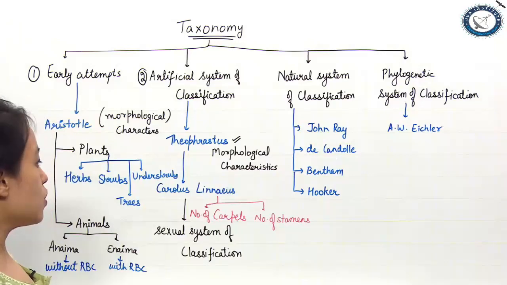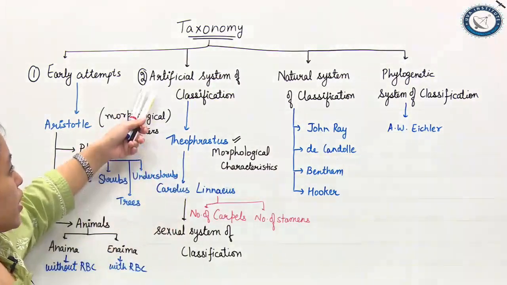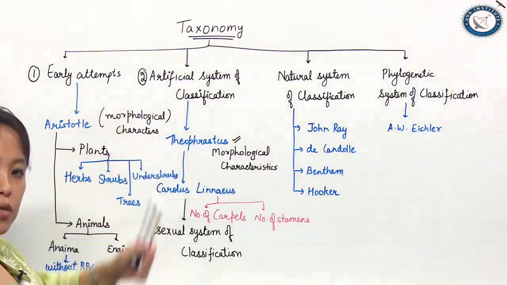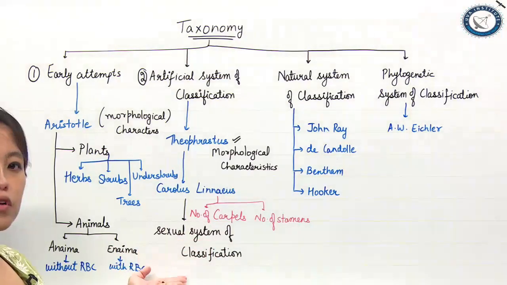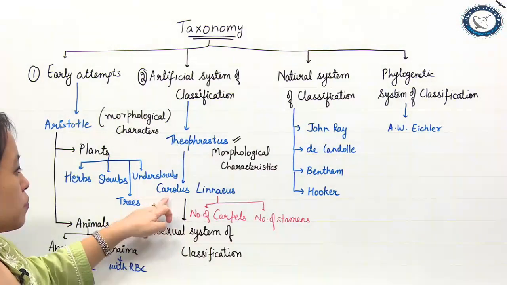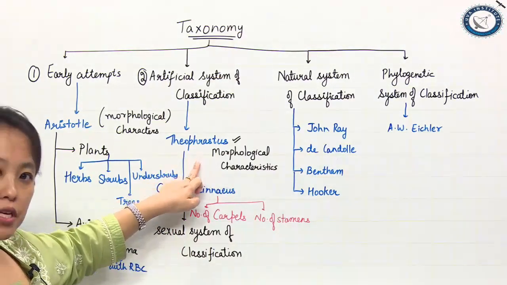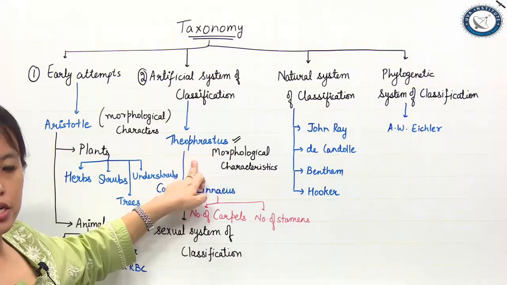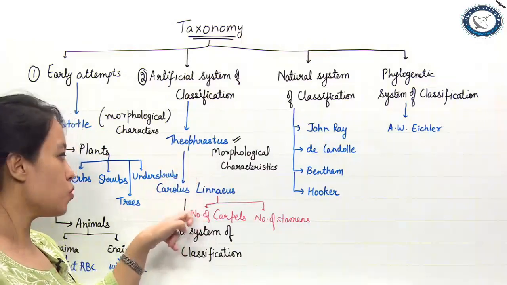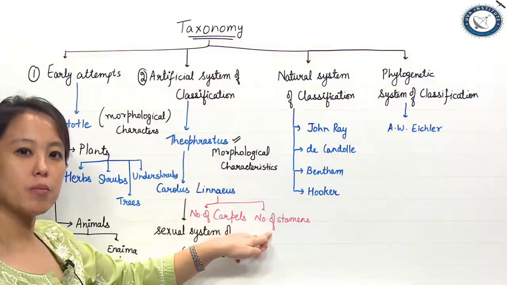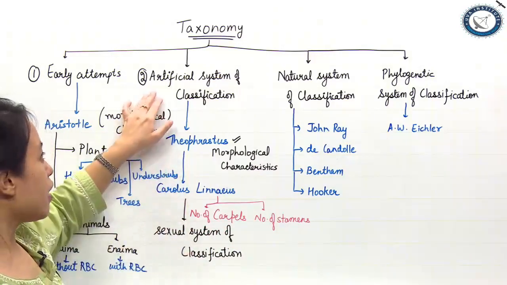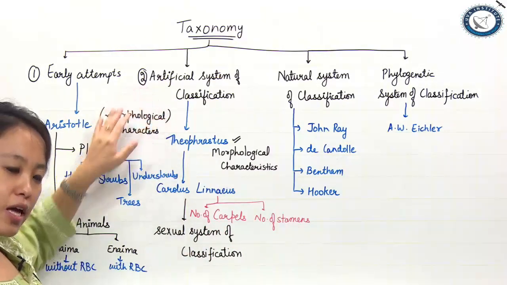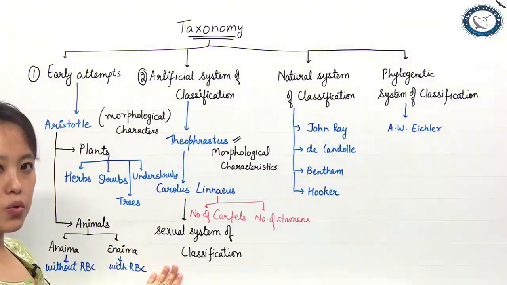Okay? So Carolus Linnaeus, although he gave an artificial system of classification, somehow modified it into the sexual system of classification. Why? Because he had the evidence of the morphological characteristics, but along with that he also worked on the number of carpels and number of stamens, and on the basis of this he came to a conclusion that the artificial system of classification can also be called the sexual system of classification.